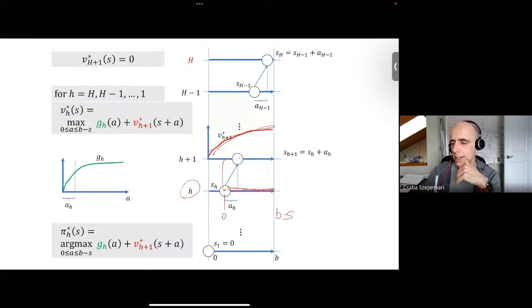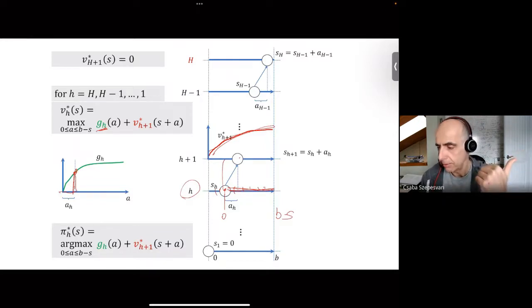You add to that how much you get with the current reward function, and you solve this maximization problem, then you get a value at that point. But you have continuously many points. Well, what can you do? You could try to discretize this range and calculate these values at these discrete points.